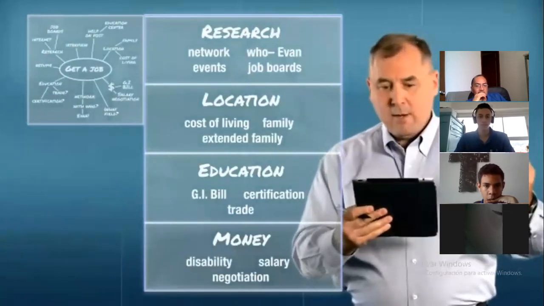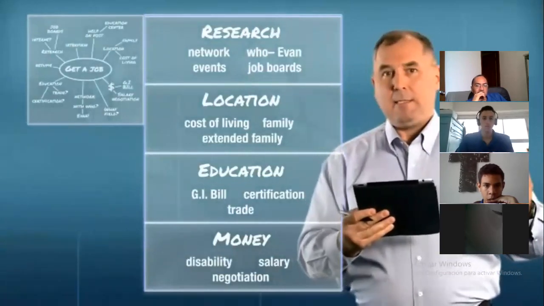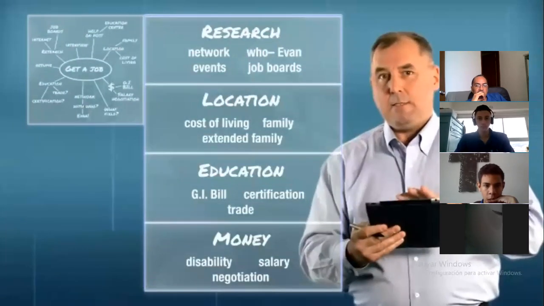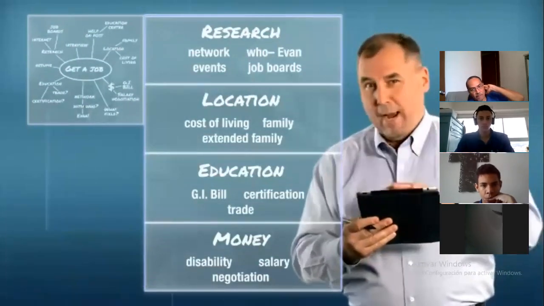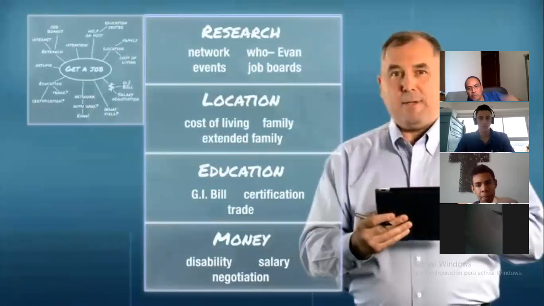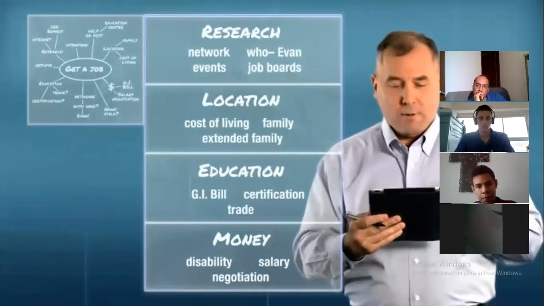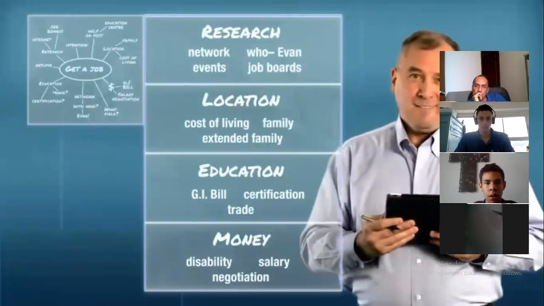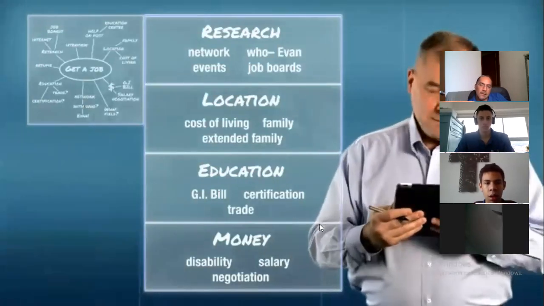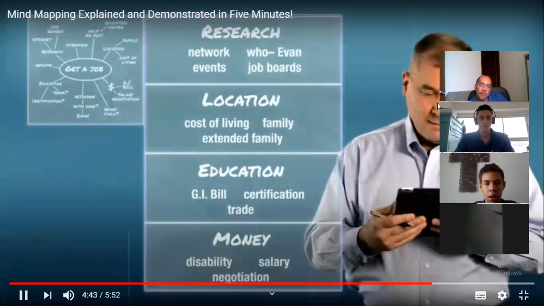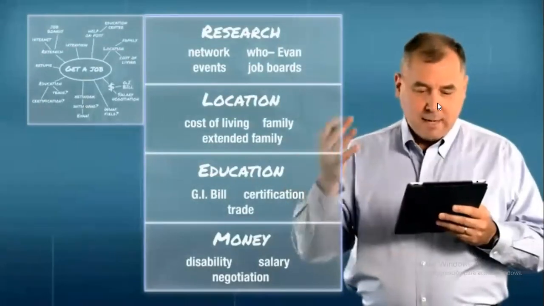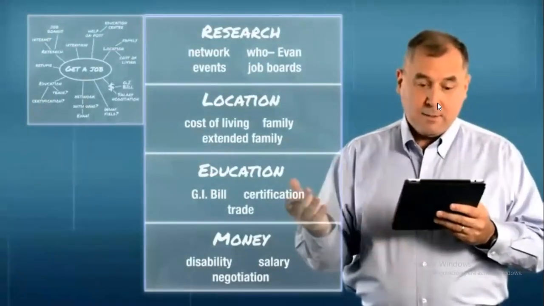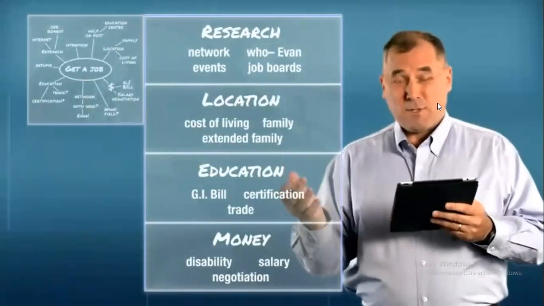Okay, well now you can see that in a couple of minutes, I was able to generate some ideas. Then I was able to go back and look at what I had written down and organize it into categories. Let me give you one more step, and this is a bonus. You could prioritize these things. For me, the first thing I would think about is what I needed to support the family.